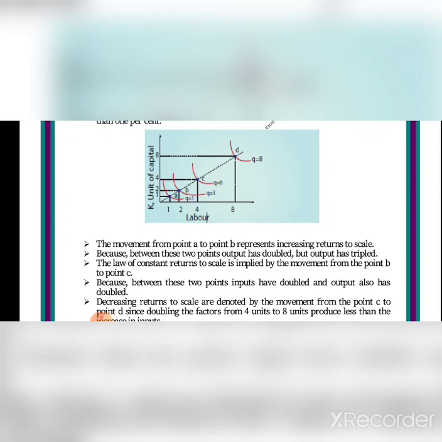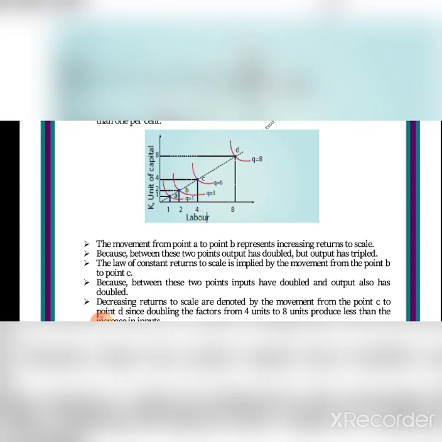The movement from point A to B. You see where A to B. The four red curves are increasing and decreasing. So the first is the increasing curve. The movement from point A to B, you see, A down, that is 1 and 2, represents increasing returns to scale because between these two points inputs have doubled, but output has tripled.